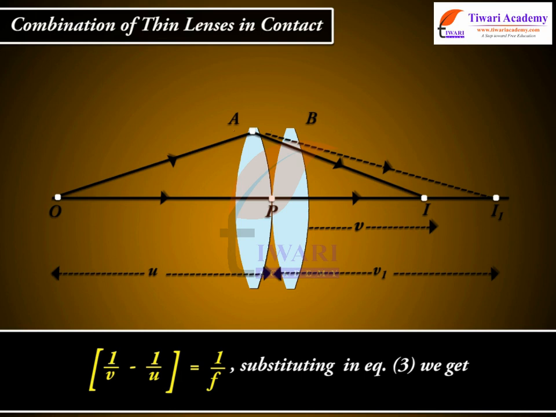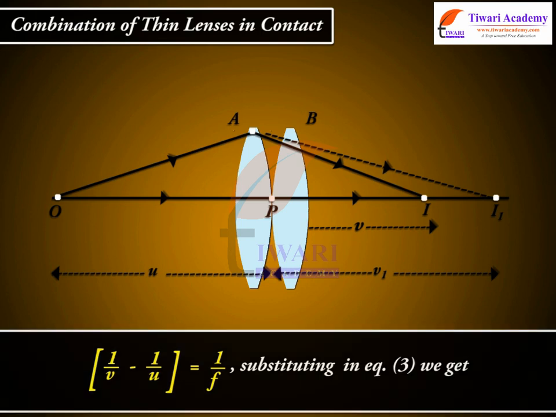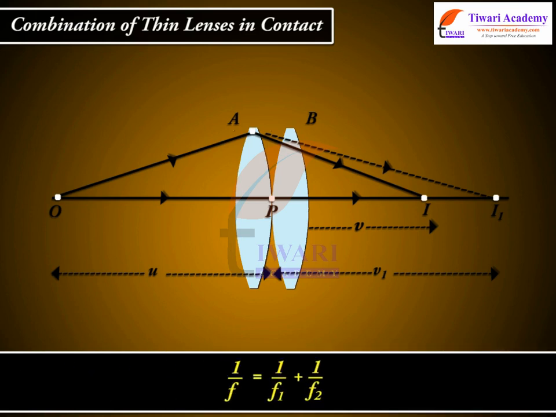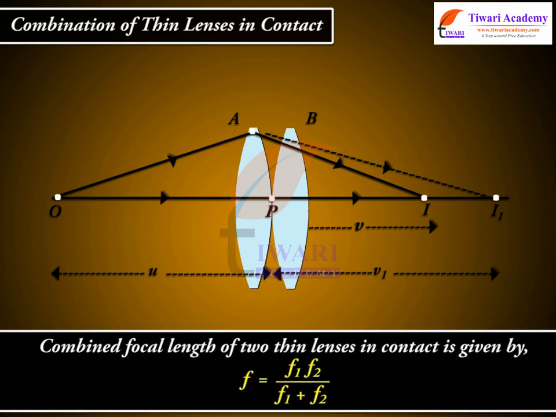Substituting in equation 3, we get 1 by f is equal to 1 by f1 plus 1 by f2. Combined focal length of two thin lenses in contact is given by f is equal to f1 f2 by (f1 plus f2).